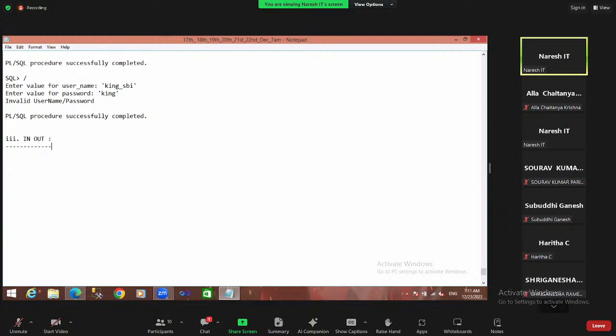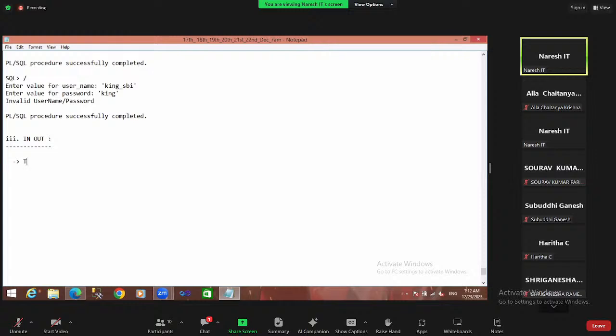Let's discuss one more example, guys: in-out. After completing in-out, then we can start the remaining things. What's the meaning of in-out? We know in parameter and out parameter, both. Now this is in-out.